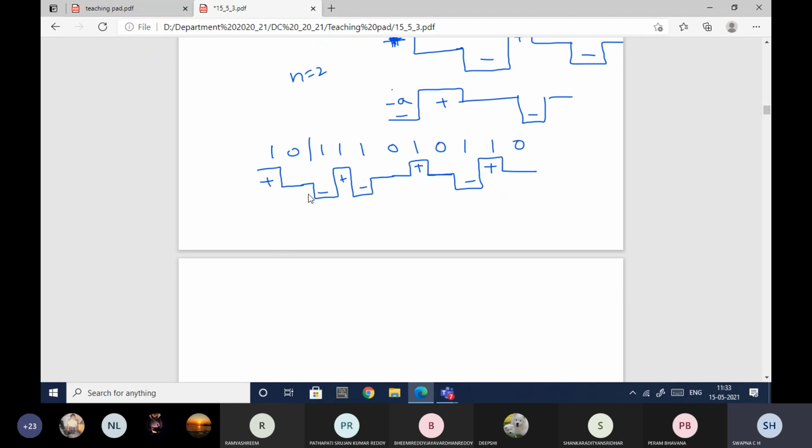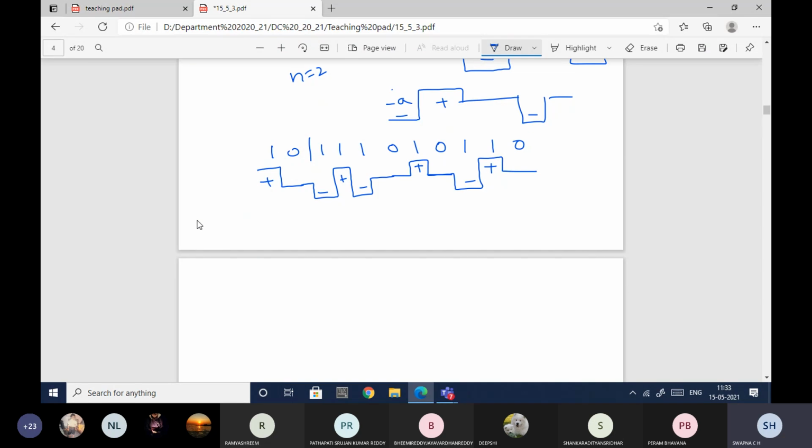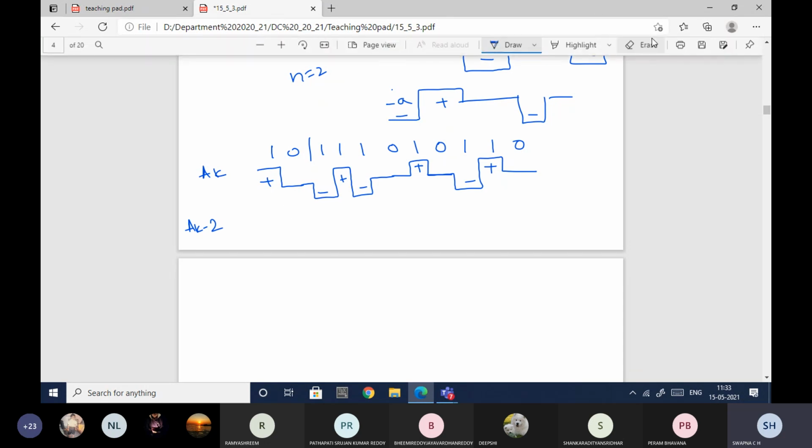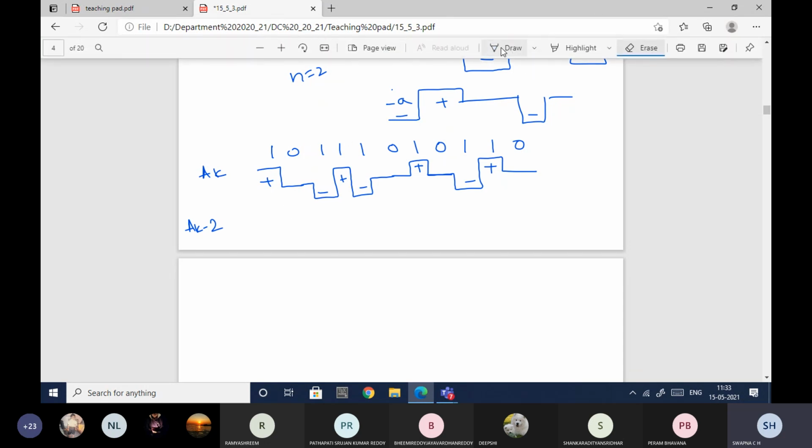I'll try. I don't know for this sequence, however I want, whether I will get it in that way or not. This is A K, this is A K minus 2. So 2 in the sense I'll just shift it to the left.